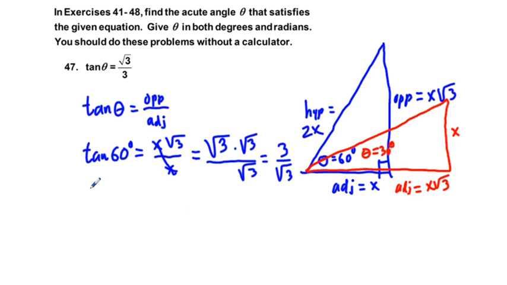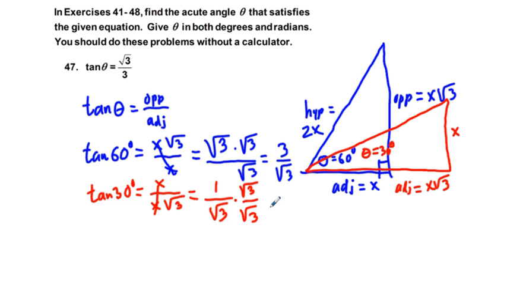So tangent of 30 degrees is going to be x over x square root of 3, which simplifies to 1 over square root of 3, and rationalizing by multiplying by square root of 3 over square root of 3, we get square root of 3 over 3, which is what we're looking for.